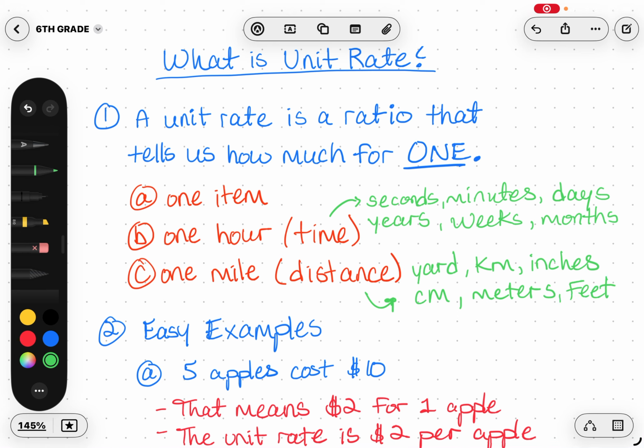It doesn't have to just be 1 mile. If the units are in yards or feet, then it would be for 1 yard or 1 foot. But ultimately, a unit rate tells you how much for one, whatever that one is that they're referring to.